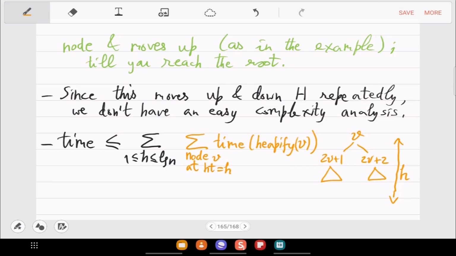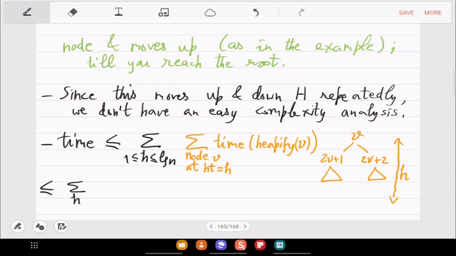Okay, so how do you estimate this? So this is less than or equal to, well, it is clear that if the height is fixed and you are only changing V's, the time is the same everywhere. Because the basic structure of the tree at a height h is the same everywhere.